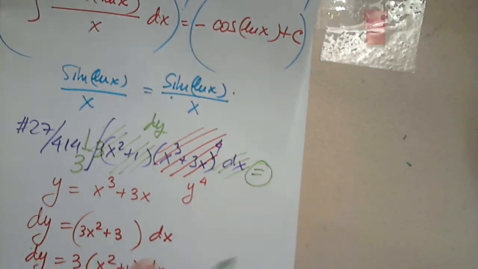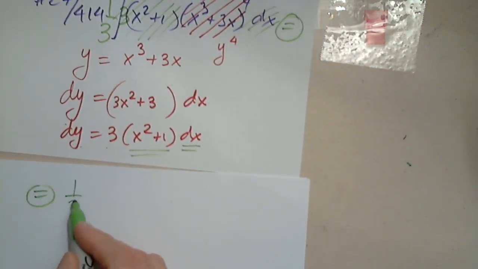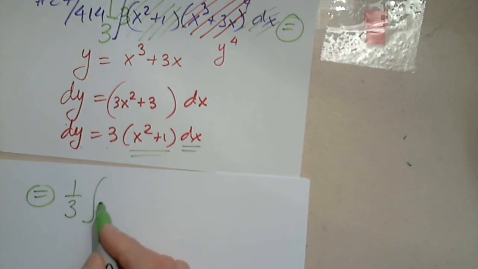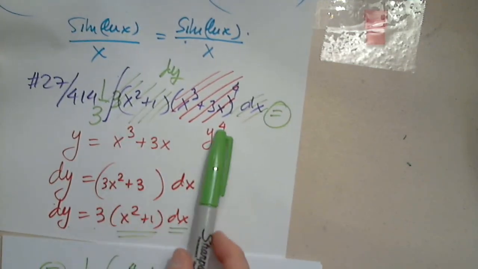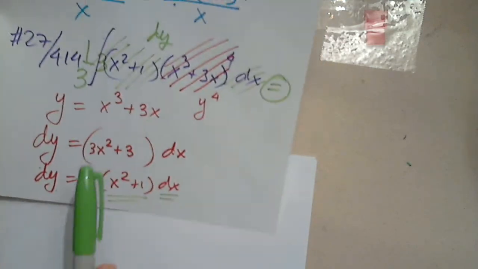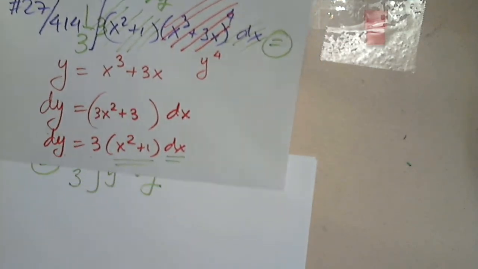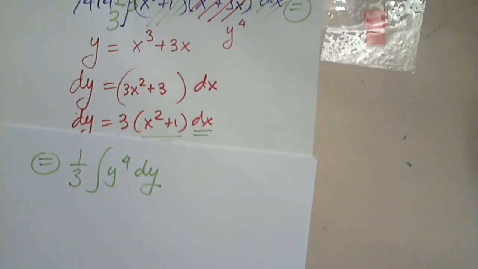So now the integral becomes 1/3 the integral of y to the fourth dy. Something that started quite wild reduced to this with the appropriate substitution. This, I have no clue. This, super easy.